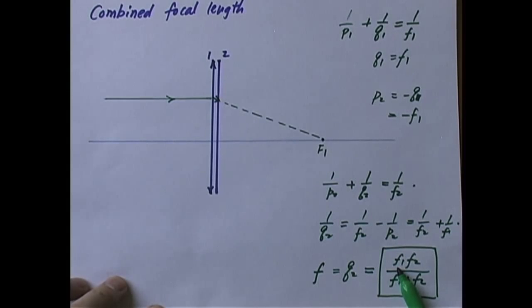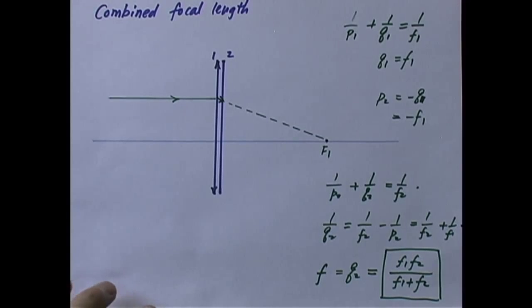And by the same token, it's also less than F2, and therefore F will be positive and shorter than both. So the combo is even more powerful at focusing, at stopping light beams. Now, if both lenses are divergent lenses, both negative, then what happens? Well, then you're going to get another combined negative lens, which also stops light even faster.